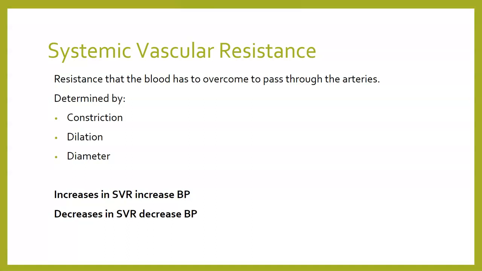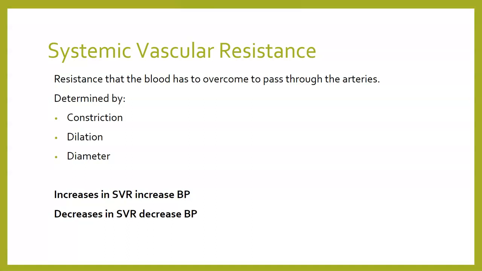And then the systemic vascular resistance. Like we discussed, it's the resistance that the blood has to overcome to pass through the arteries. It's determined by constriction of the blood vessels, so that means they're smaller, and then you can have dilation. Some things that affect this: constriction would be if a person is cold. Their blood vessels are going to constrict to try and hold the heat in.